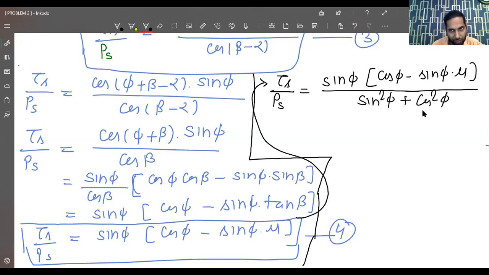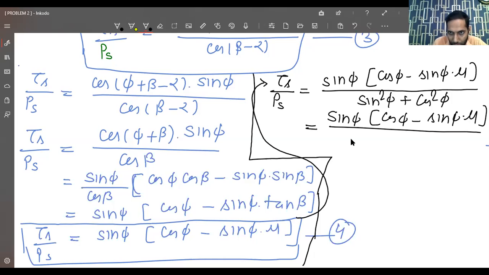Kisi ko koi dikkat honi bhi nahi chahiye. Okay, now what I have to do, I have to just make the value as tan phi. So sin phi over cos phi will become tan phi. Okay, so here I am going to write sin phi bracket cos phi minus sin phi into mu over, if I take cos square phi common, it will become sin square phi upon cos square phi plus 1.